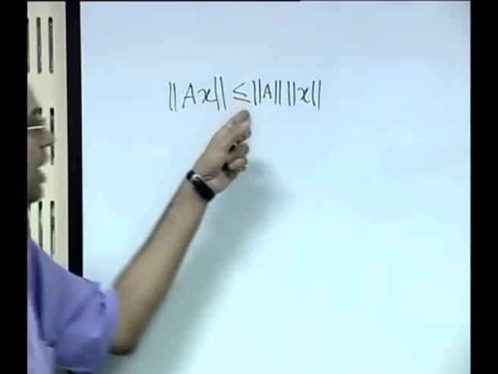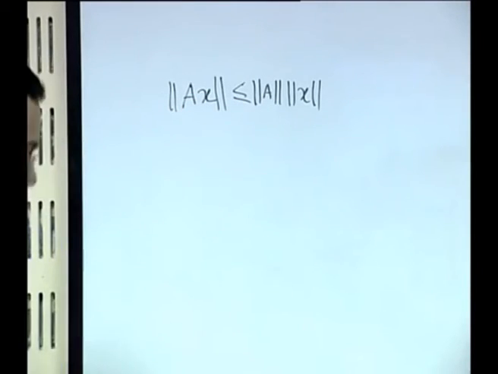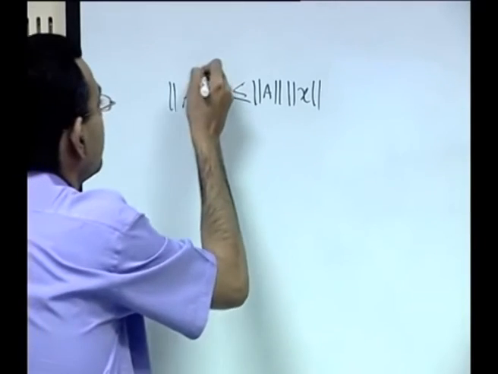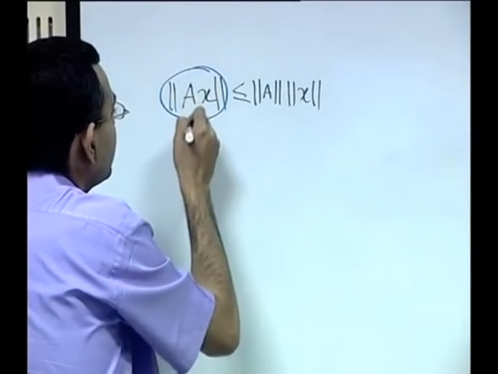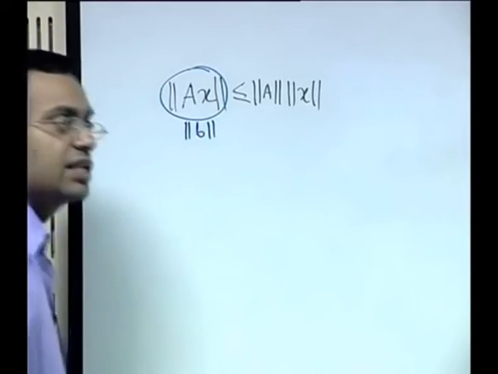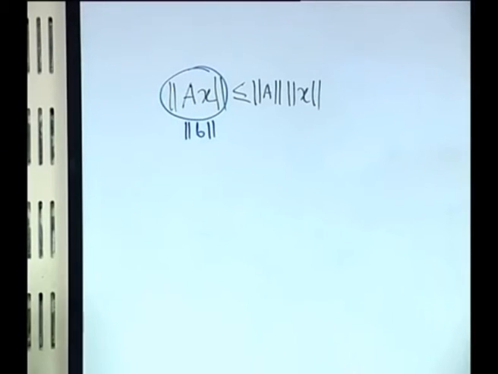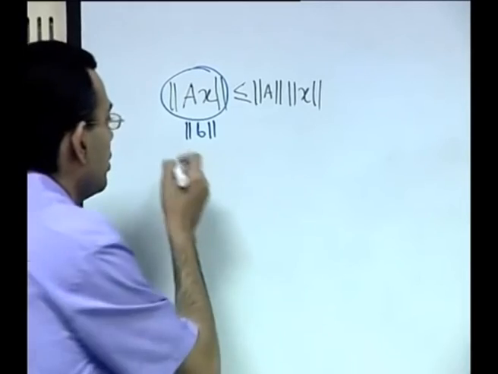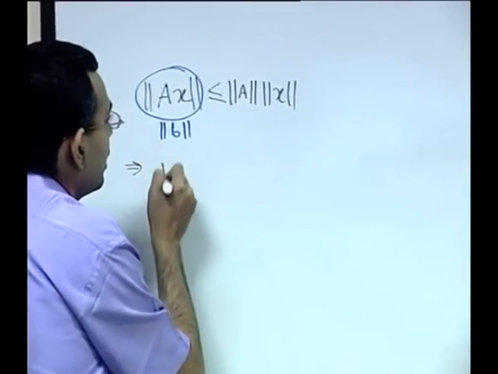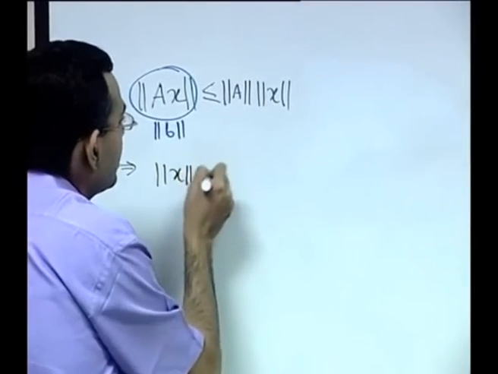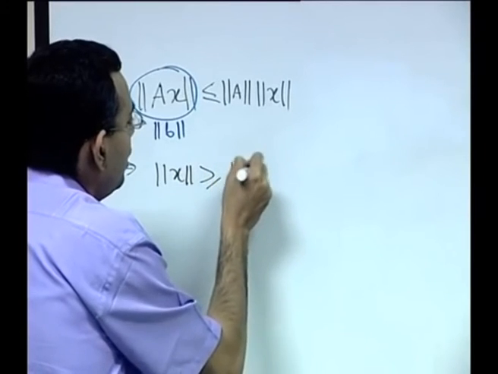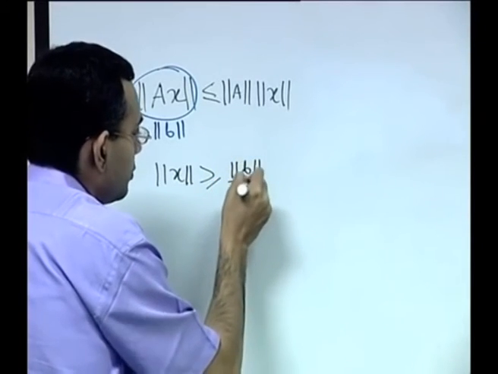So norm of Ax is less than or equal to norm of A into norm of x, and norm of Ax is equal to norm of b because Ax is equal to b. So from here we can see that norm of x is greater than or equal to norm of b by norm of A.